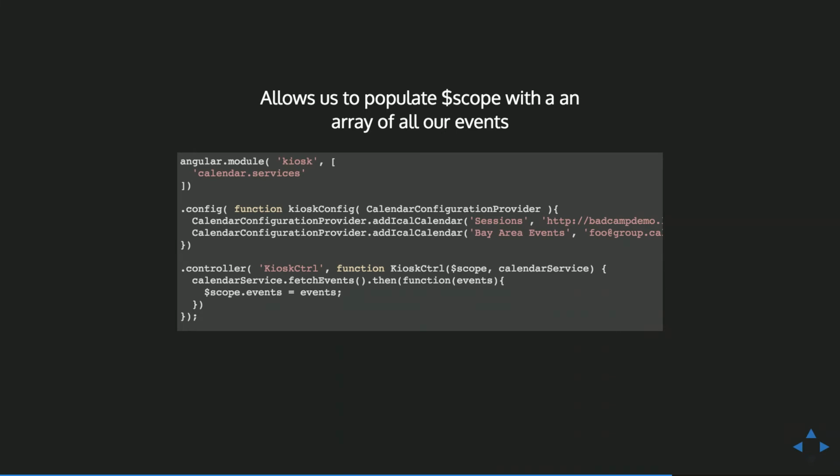And what's really nice about that is all the complicated stuff happens in the service. When I go back to my controller, things are really simple. I get to populate the scope with just a single call to fetch events, and all my events are there, which is really nice.